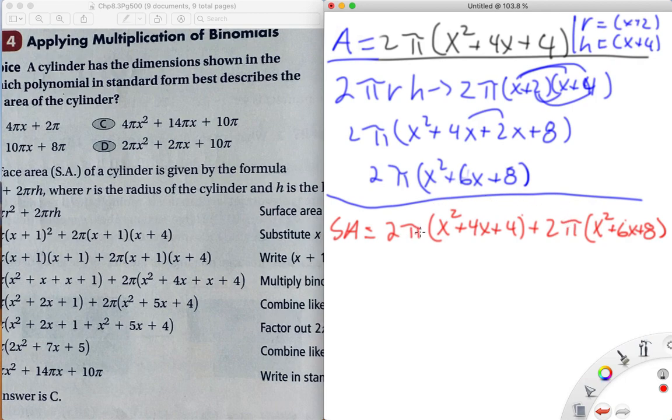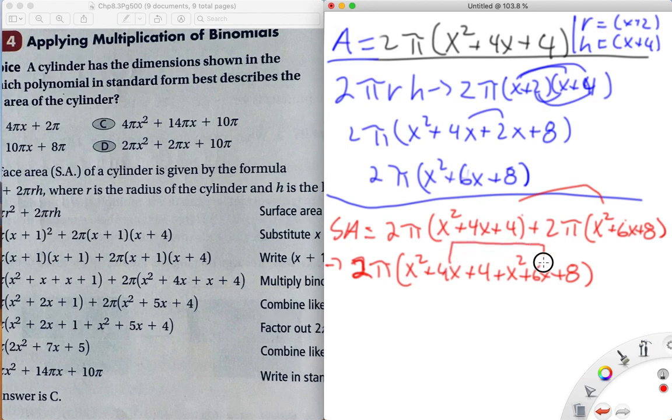Both of these are being multiplied by 2 pi, so I can factor that out from both expressions and then combine the terms inside. I'm going to factor out the 2 pi, and that gives me x squared plus 4x plus 4 plus x squared plus 6x plus 8. I can add these two together in the parentheses. Then I can combine like terms.